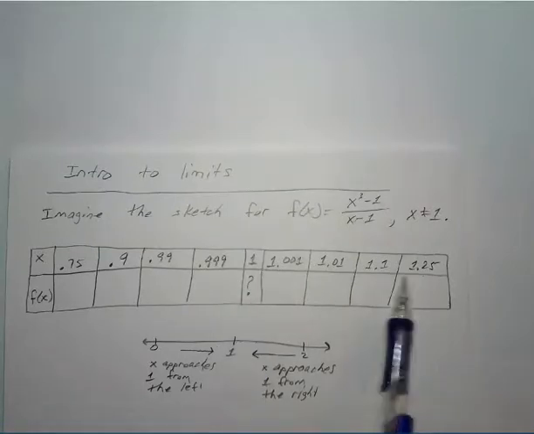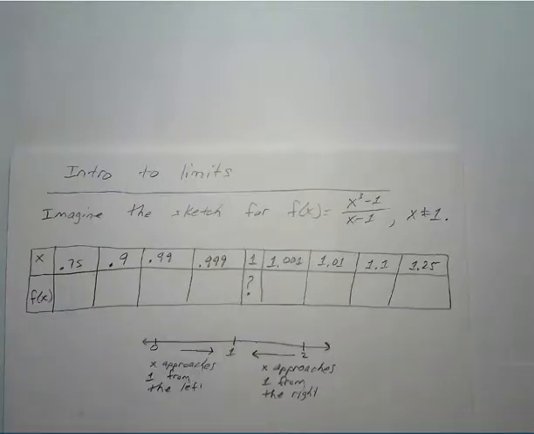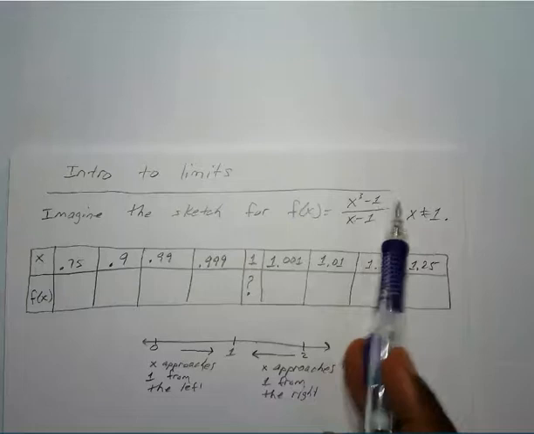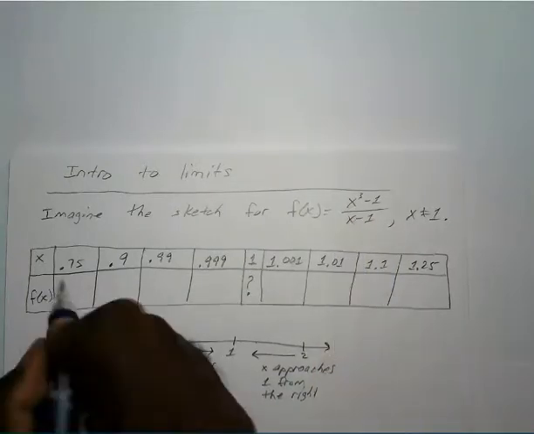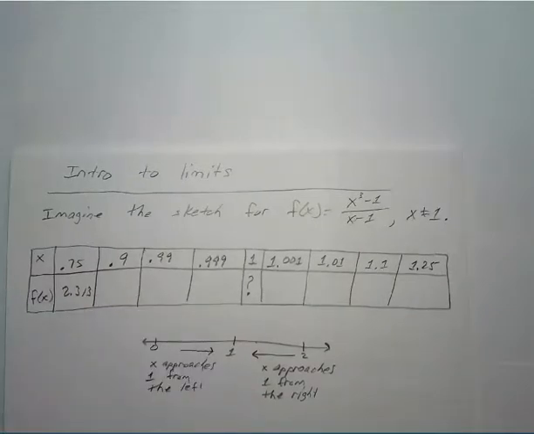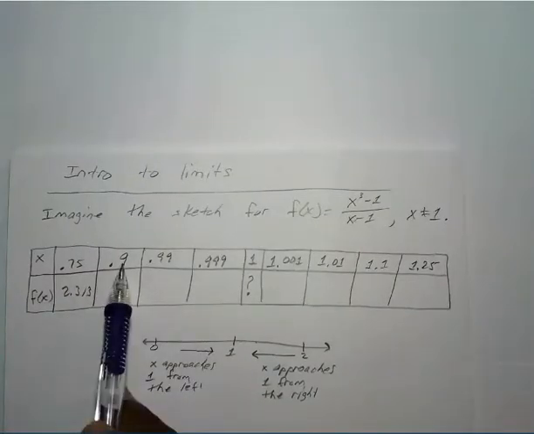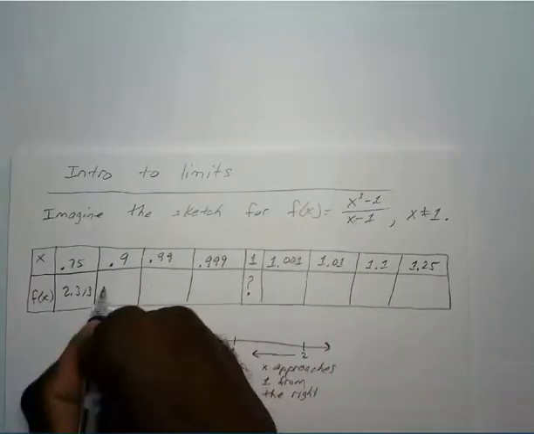So we're approaching 1 from the right and from the left. If you want to use a calculator, you can. If you plug in x equals 0.75, you'll get 2.313. If you plug in 0.9, your f of x would be 2.710.